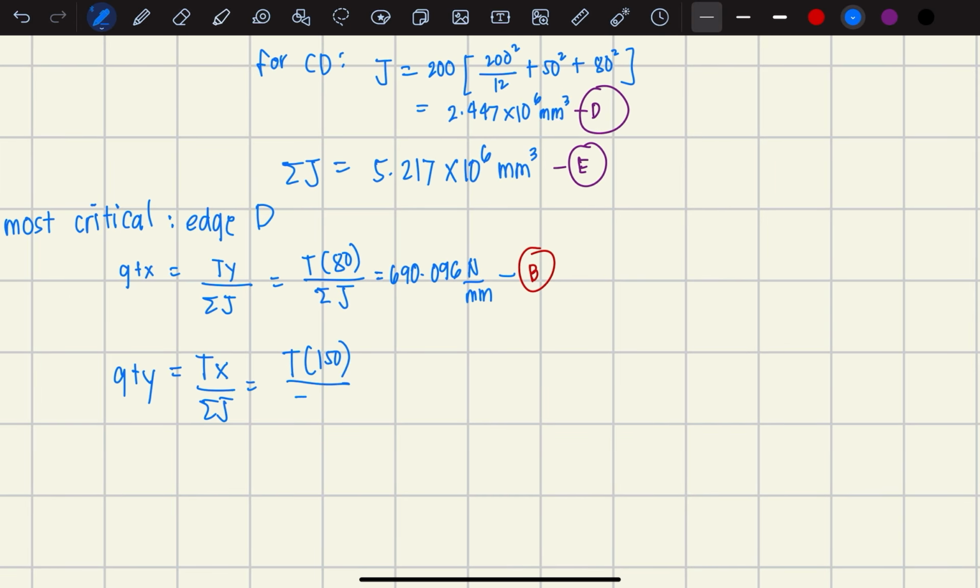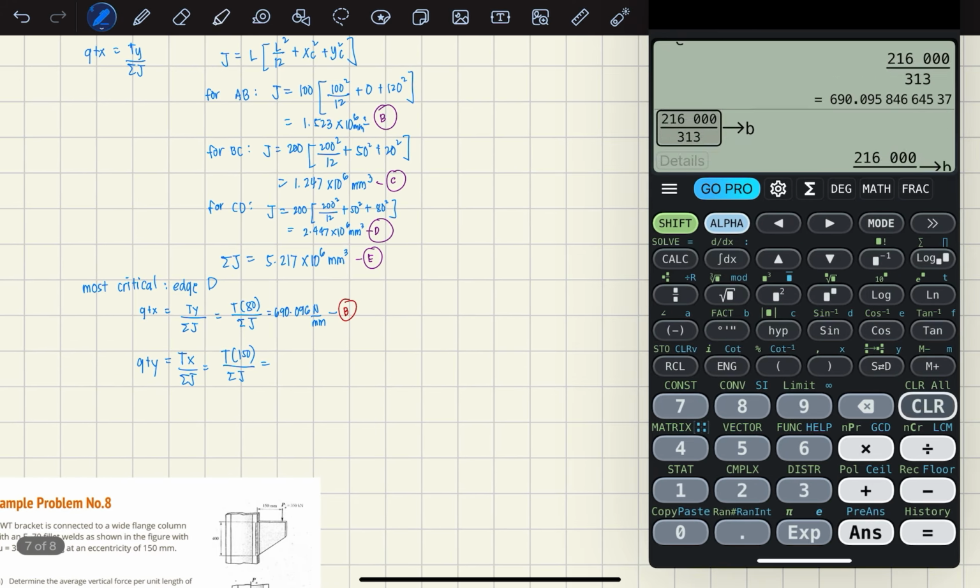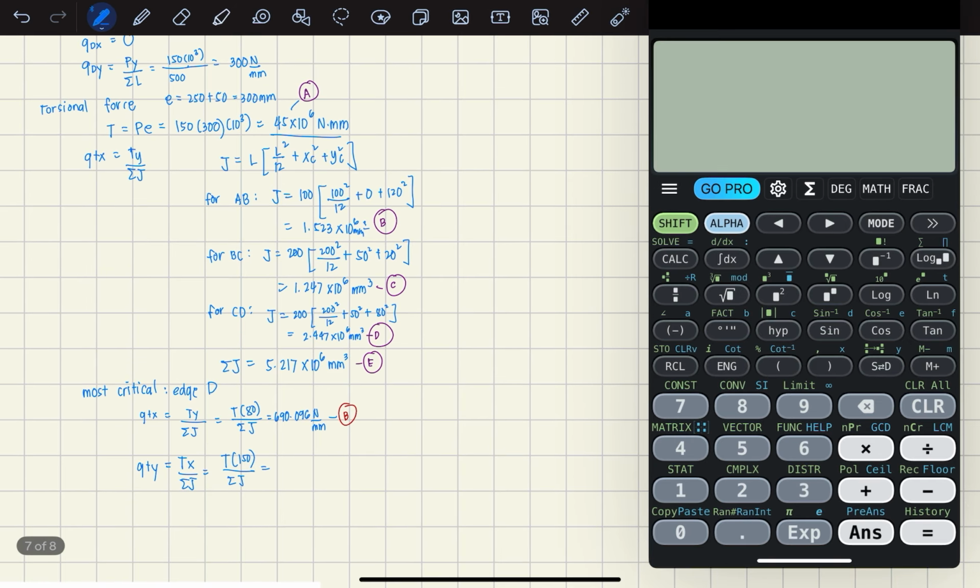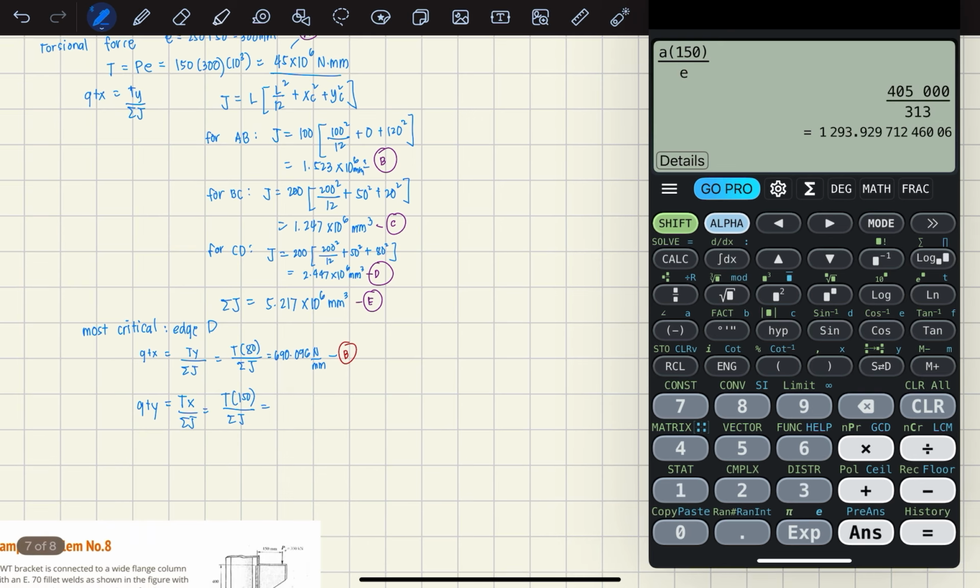So, 150 over summation J. Therefore, yung QTY mo is stored value yung T na sa A times 150 over yung J natin na nasa E. So, 1,293.93 Newton per mm. So, stored natin to sa C.